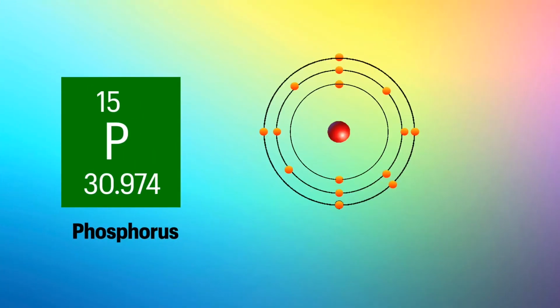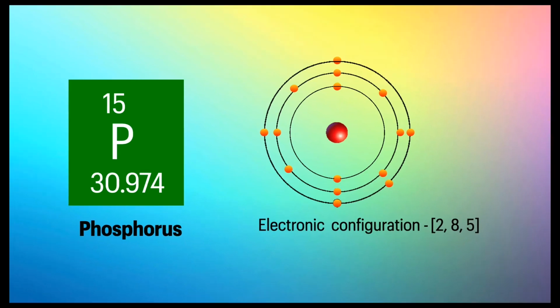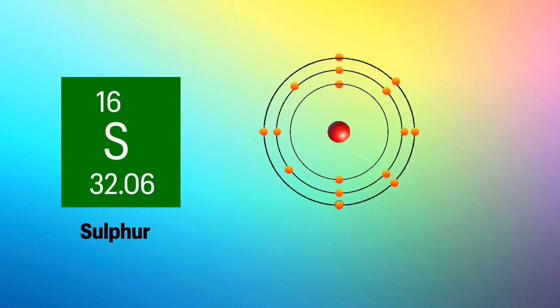Phosphorus with atomic number 15 has 2 electrons in the first shell, 8 in the next shell and 5 electrons in the outermost shell. So the electronic configuration is 2-8-5. Sulfur, atomic number 16, so the number of protons and electrons is also 16. 2 electrons are present in the first shell, 8 electrons in the second shell and the third shell has 6 electrons.